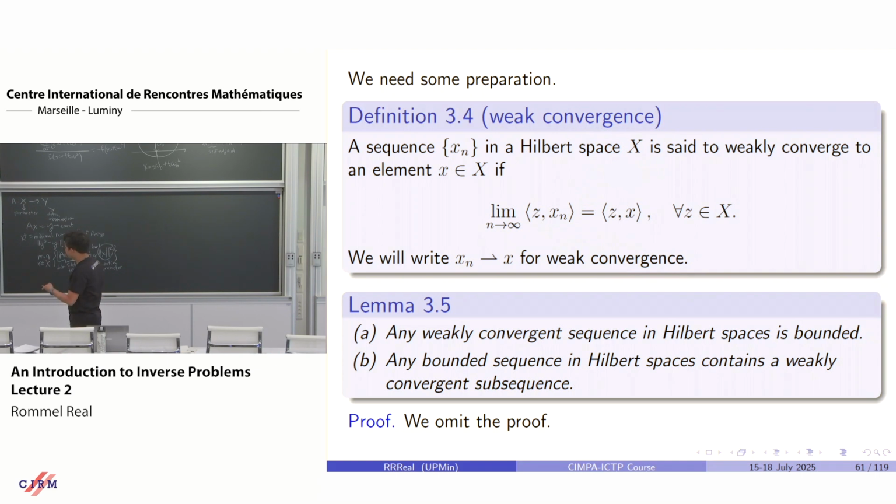Let's first consider this important lemma, and ensure that for each positive alpha, the minimization problem has a unique minimizer.